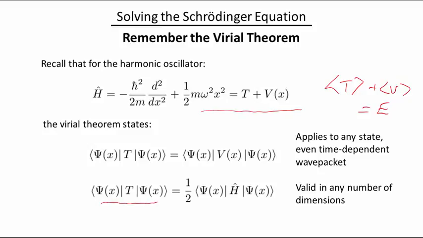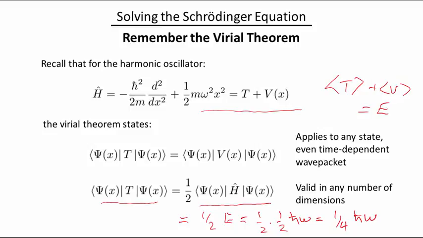So in other words, the expectation value of the kinetic energy operator is half that of the total energy, which is equal to 1/2 times 1/2 h bar omega in the ground state.